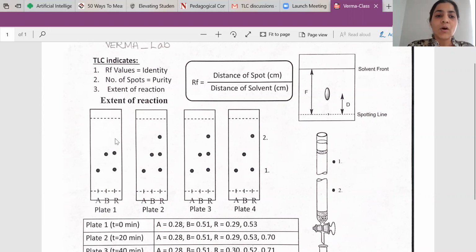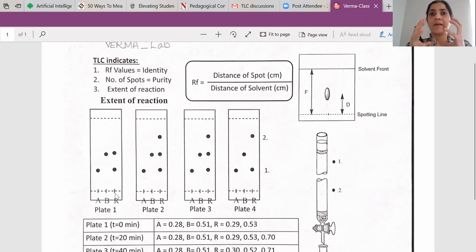Let's say that on a TLC plate, I spot my compound A, which is pure compound A, and my compound B, which is pure compound B, or authentic, as we say in other words. And I also spot a little bit of my sample from the reaction mixture.